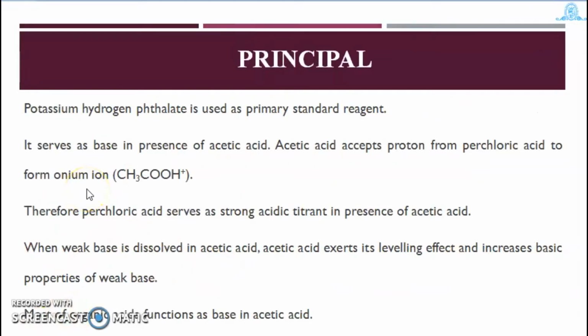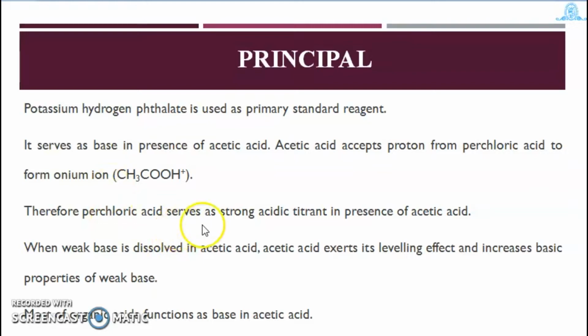The principle involved in preparation and standardization of 0.1 normal perchloric acid is that potassium hydrogen phthalate, which is used as a primary standard reagent in this standardization, serves as the base in presence of acetic acid, and acetic acid accepts the protons from the perchloric acid to form onium ions.